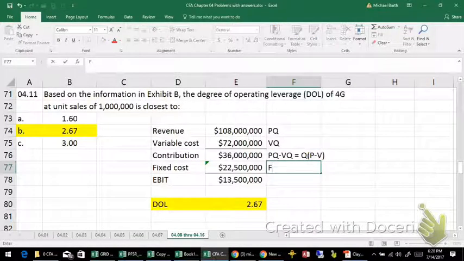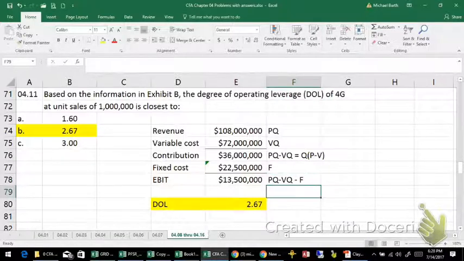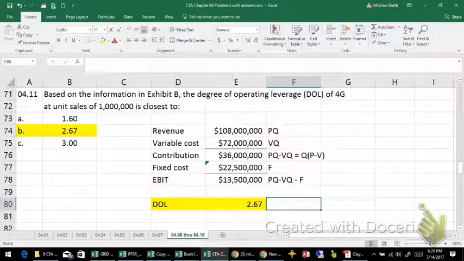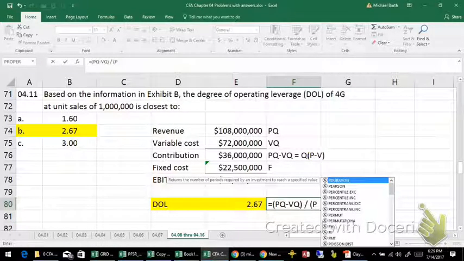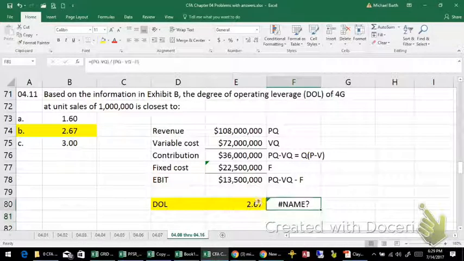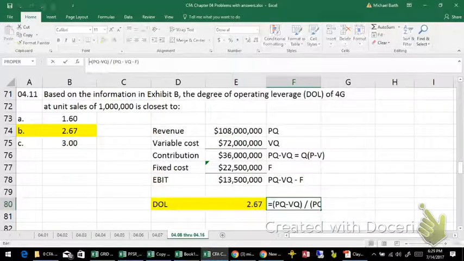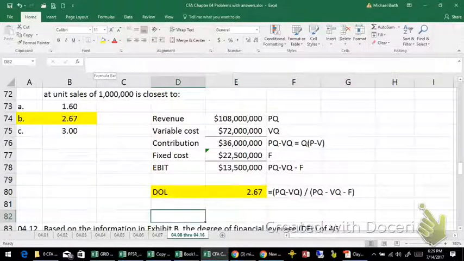Call the fixed cost F, then EBIT would be PQ minus VQ minus F. So the degree of operating leverage would simply be the contribution, PQ minus VQ, divided by PQ minus VQ minus F. And that gives you the formula for degree of operating leverage.